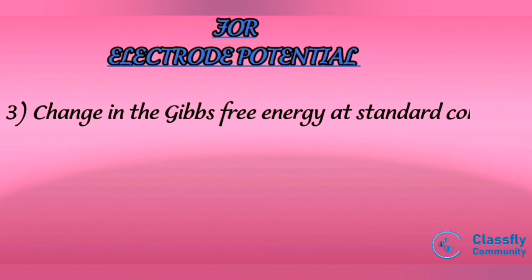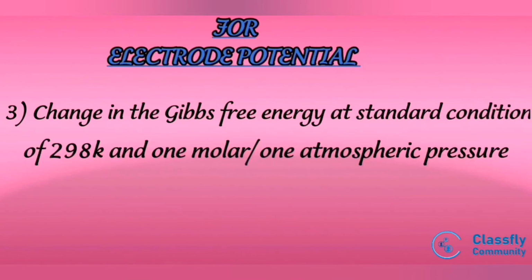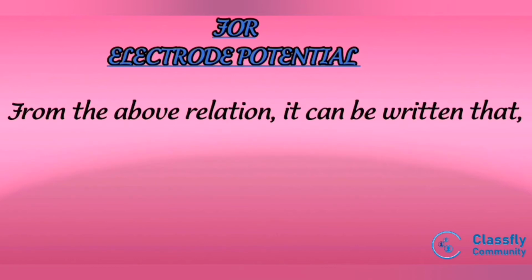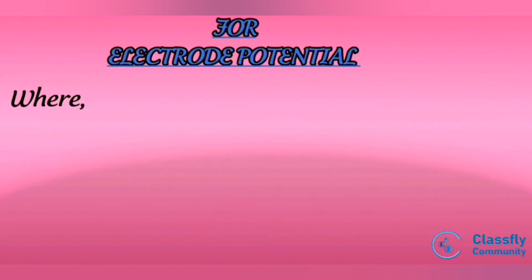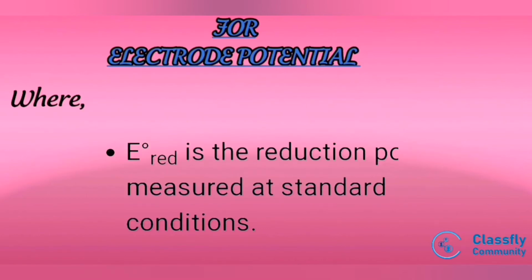Third step is the change in the free energy at the standard condition of 298 Kelvin and 1 molar or 1 atmospheric pressure, which is delta G0. From the above relation, delta G0 equal to minus NF E0 reduction, where E0 reduction is the reduction potential measured at the standard condition.